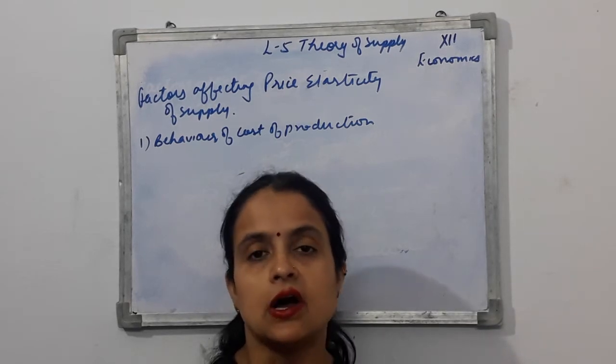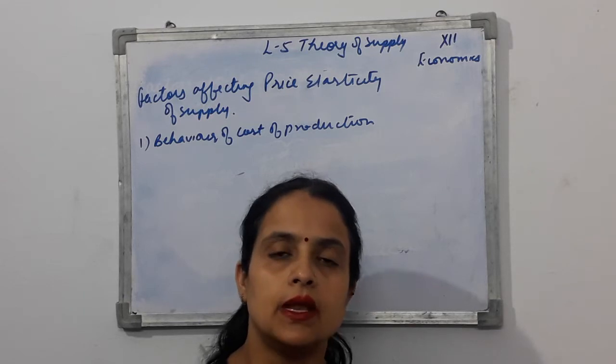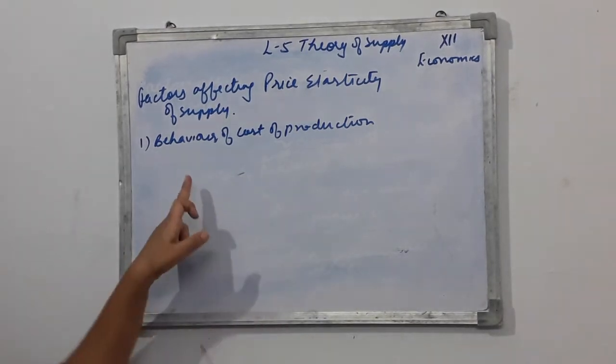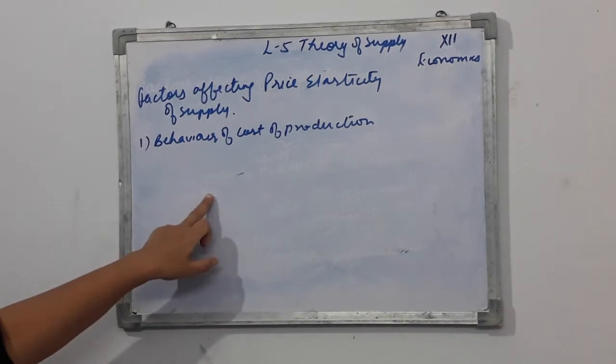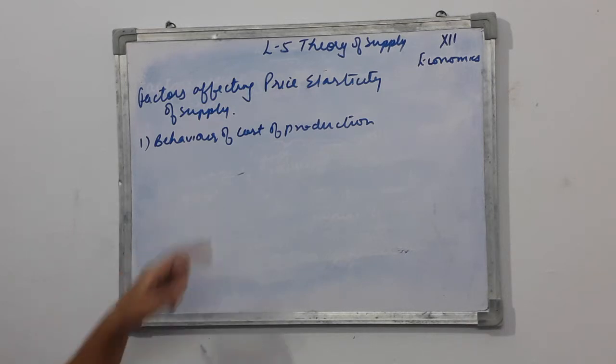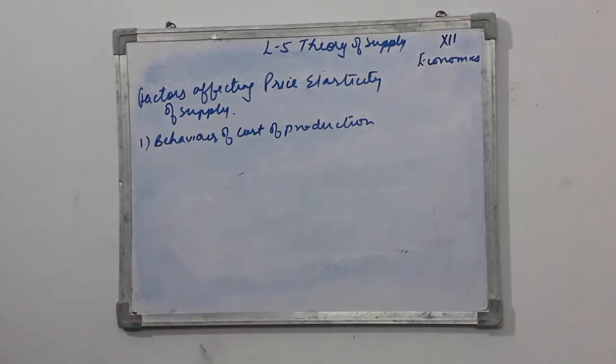In this case, too much price also leads to a problem for the producers, right? So if the cost is high, what is going to happen here? The demand is going to be relatively elastic, right?